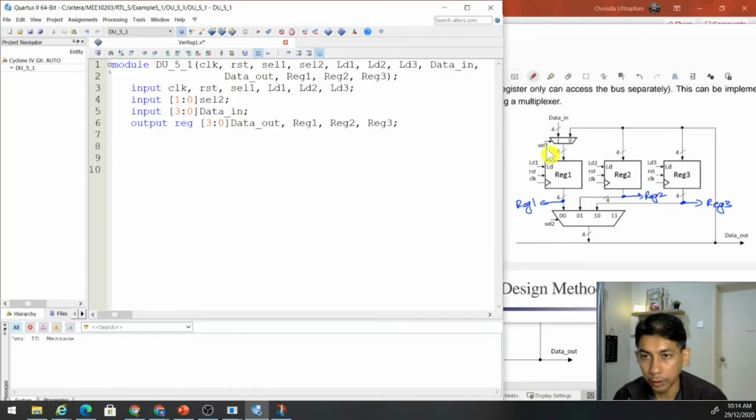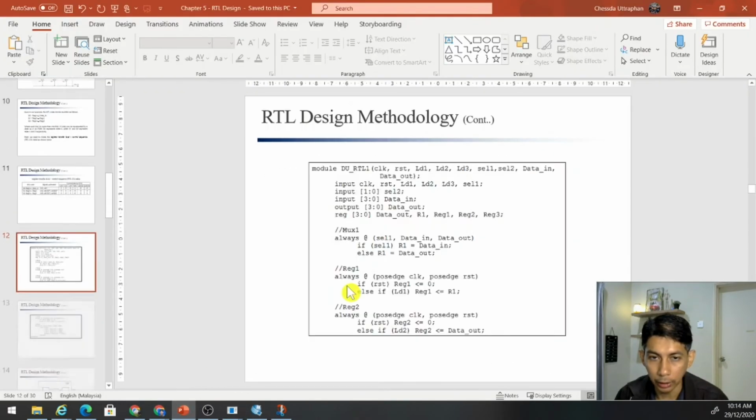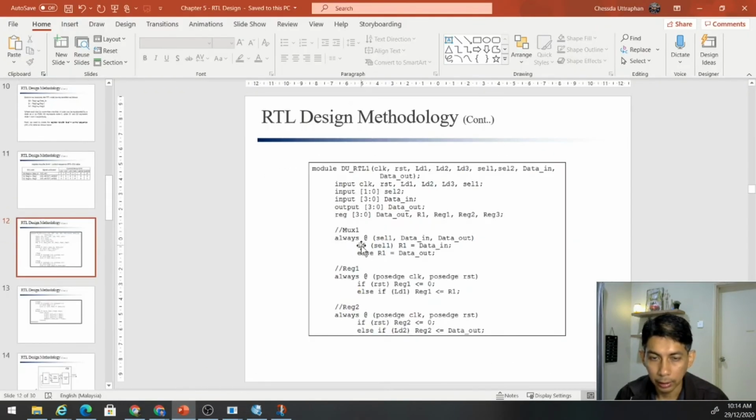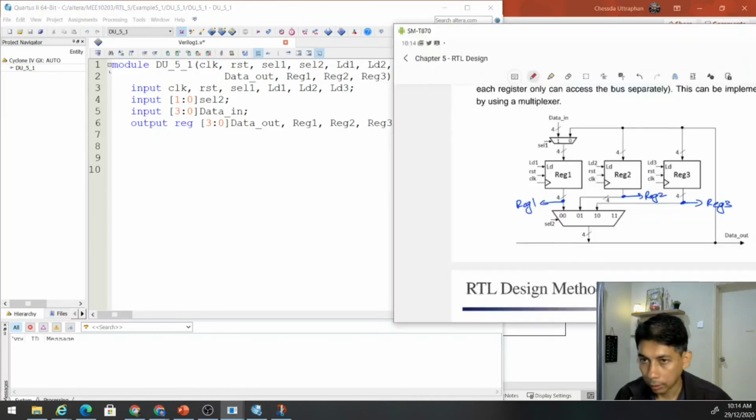Now we want to describe this multiplexer first. To describe this multiplexer, we can use either behavioral modeling or data flow modeling. So let's use data flow modeling. The example here uses behavioral modeling with an always block, but in this example I use data flow modeling.